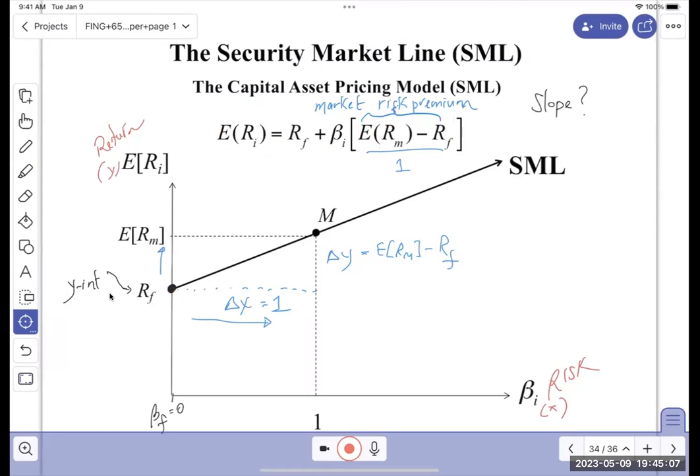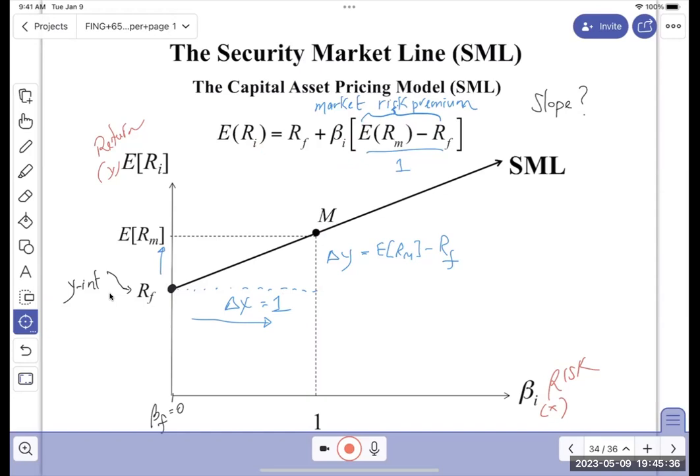That's basically what this is saying. So it's saying that for any asset, the required rate of return should be adjusted beyond the expected return for T-bills. It should be adjusted for each unit of the beta. It should be the market risk premium as a compensation for every unit of beta, whatever the beta is for that firm.